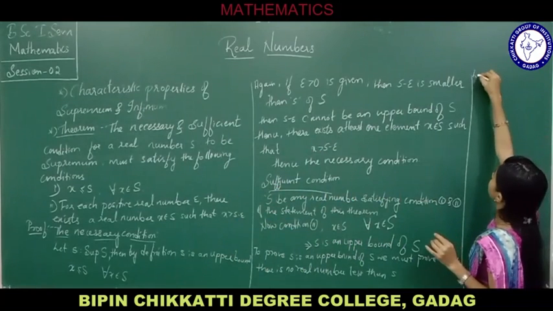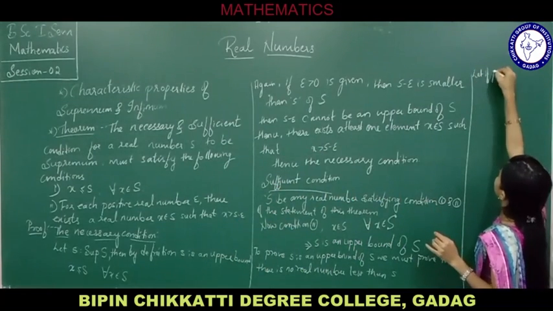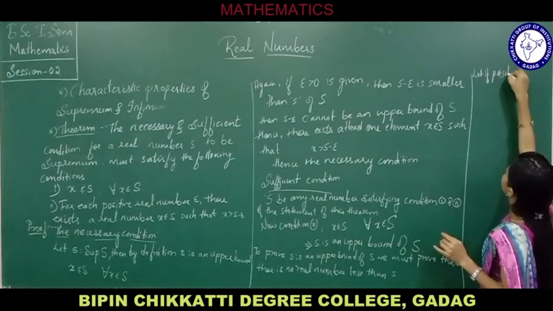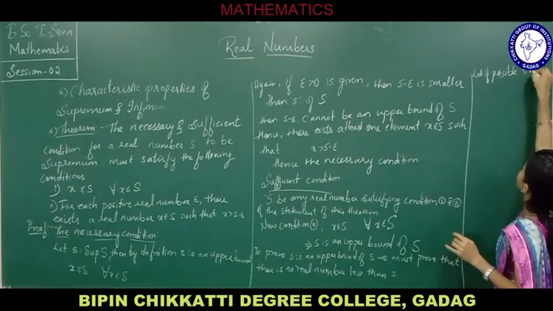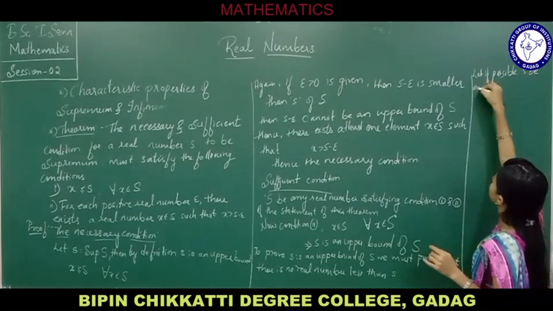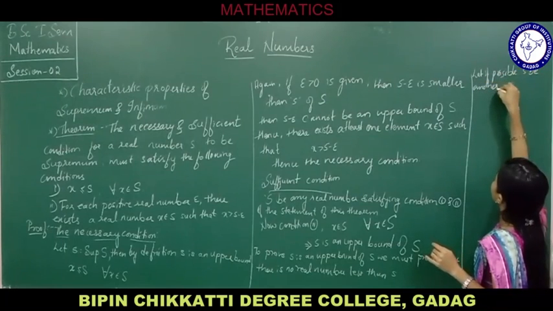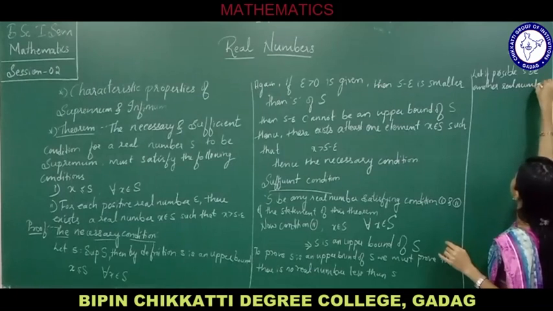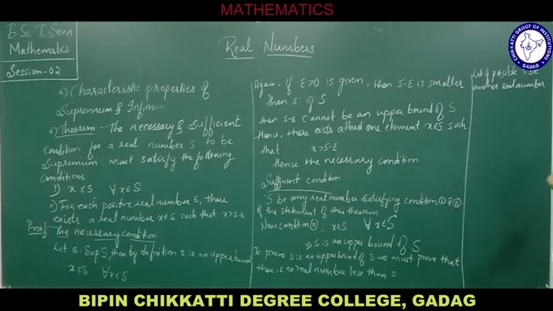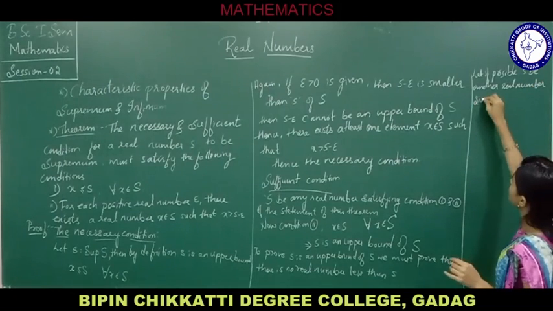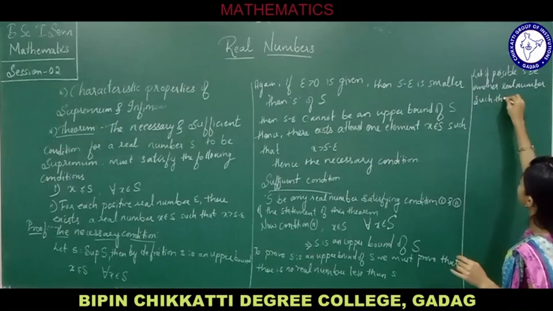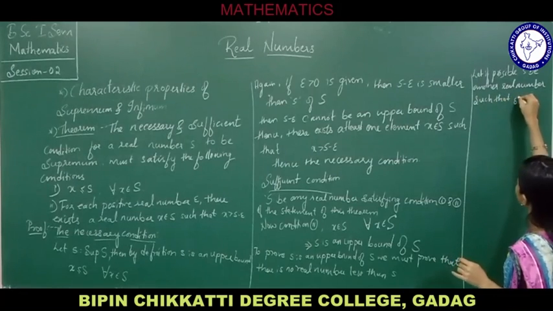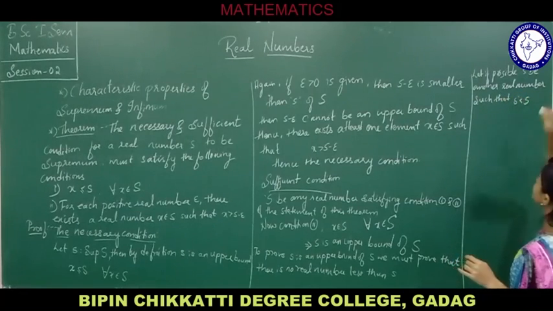Let, if possible, s dash be another real number such that this s dash is less than s.